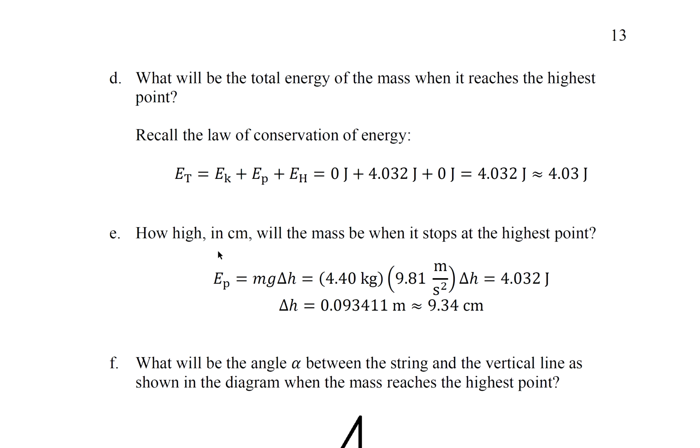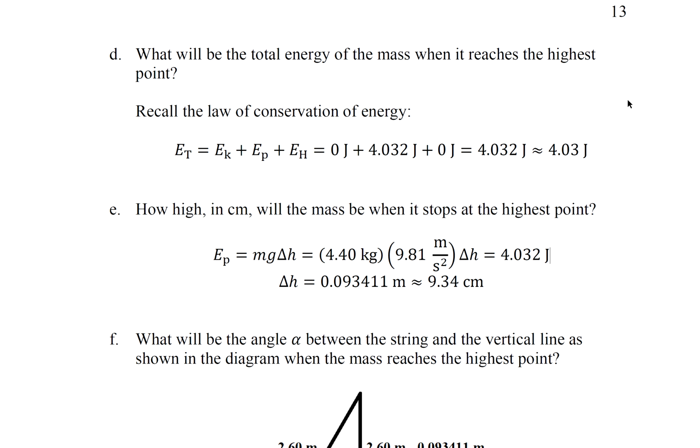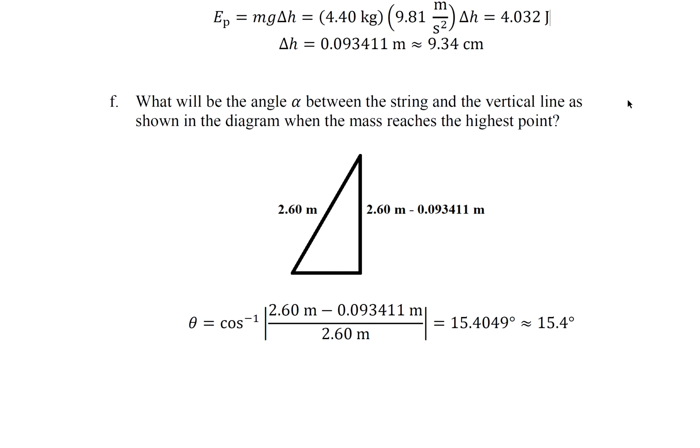So we're going to set the total gravitational potential energy equal to 4.032 joules, mg delta H, and solve for delta H. Part F, what would be the angle alpha between the string and the vertical line as shown in the diagram when the mass reaches the highest point?